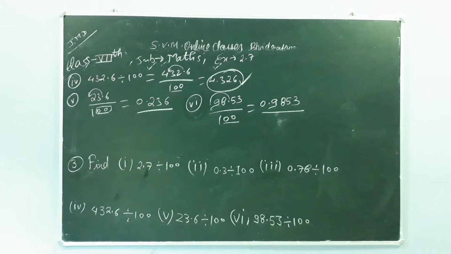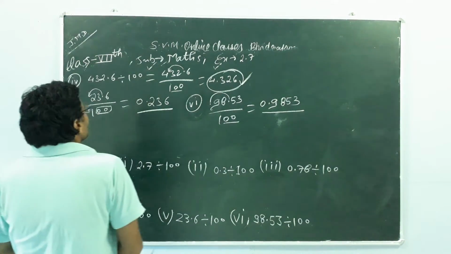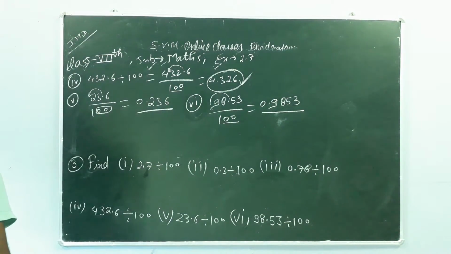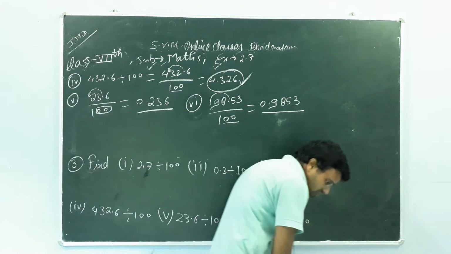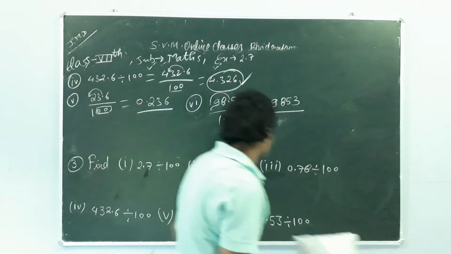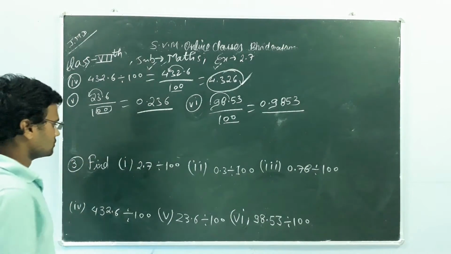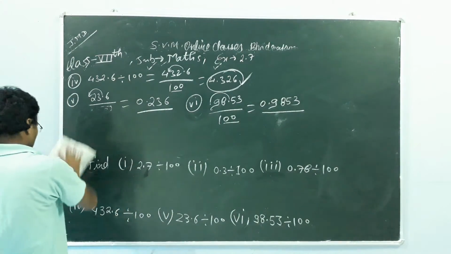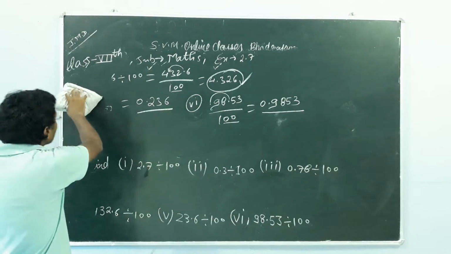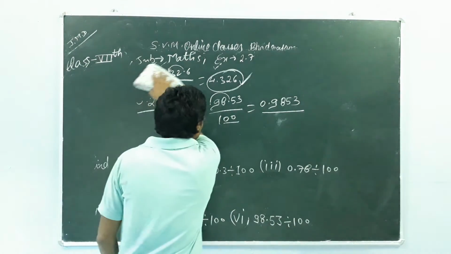So I am moving towards our next question, which is question number 4th. This was our 3rd. I am going to free up some space, and I have solved all the parts of question number 3rd.